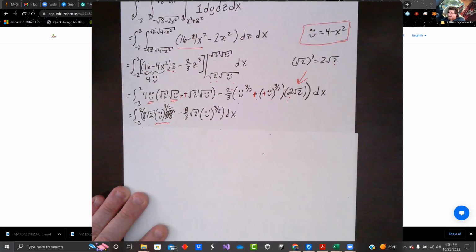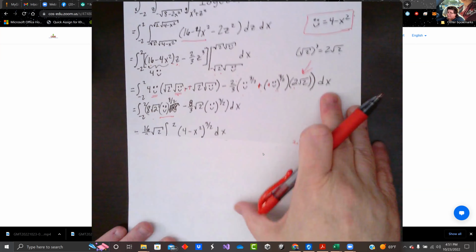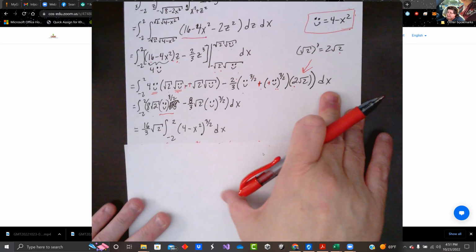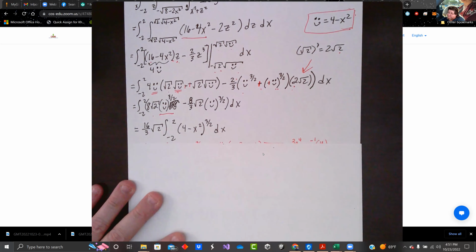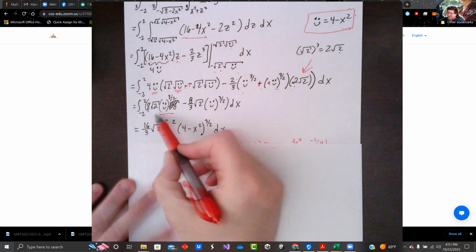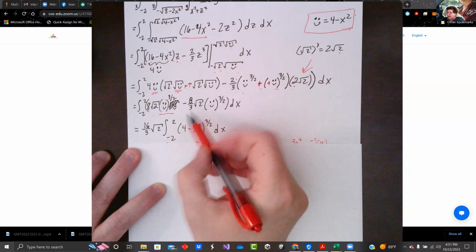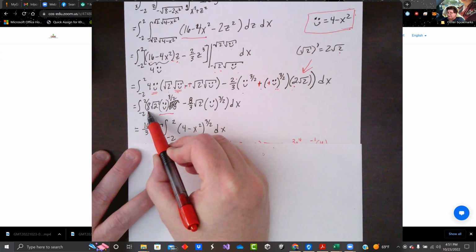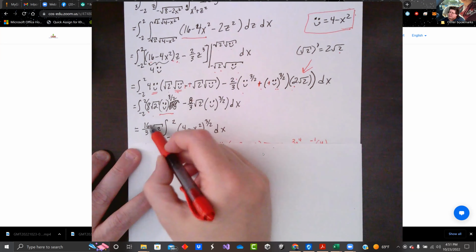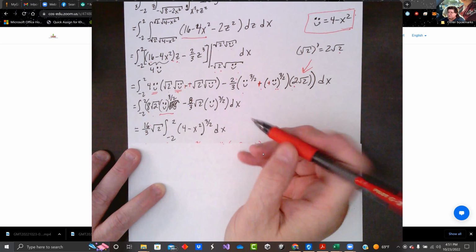And the smiley face is to the 3/2 again. And so we combine it all into one little thing, and I got rid of the smiley face now because that's what we're integrating in x. You get a common denominator. This ends up being 24 over 3 root 2. So 24 minus 8 is 16, 16 over 3 root 2.